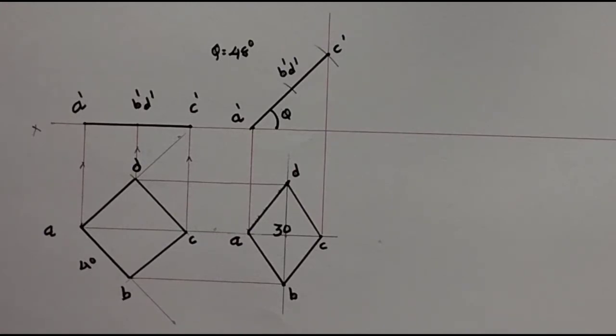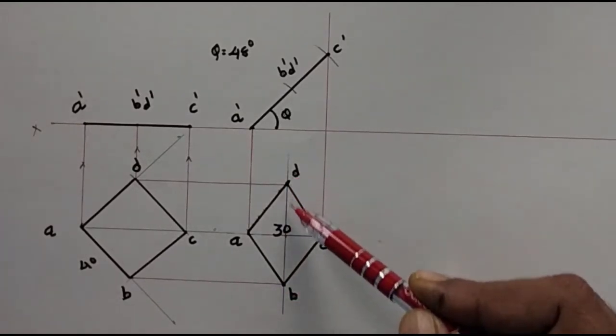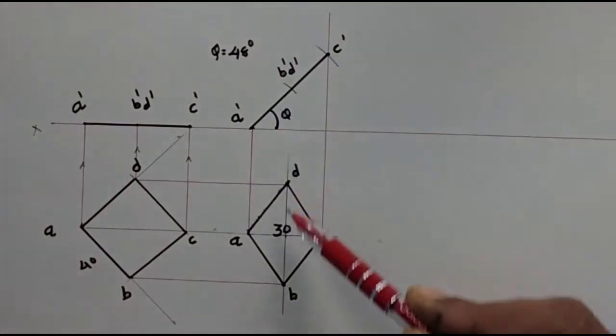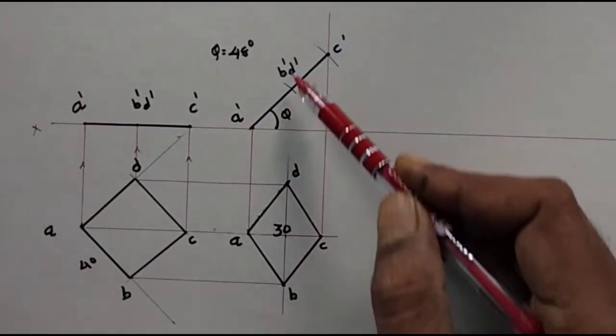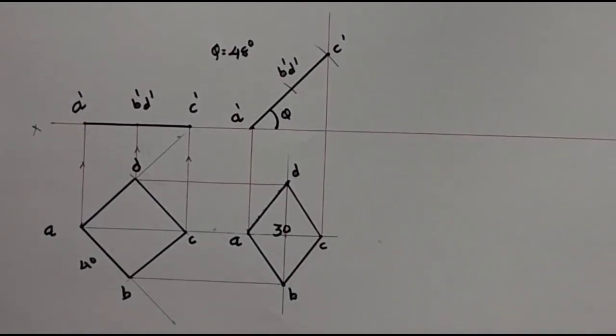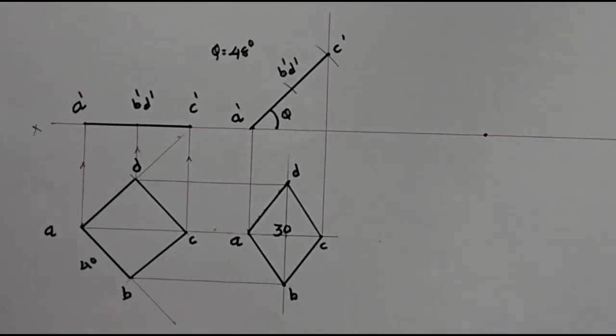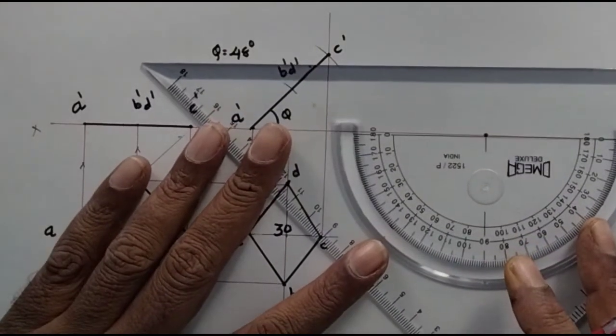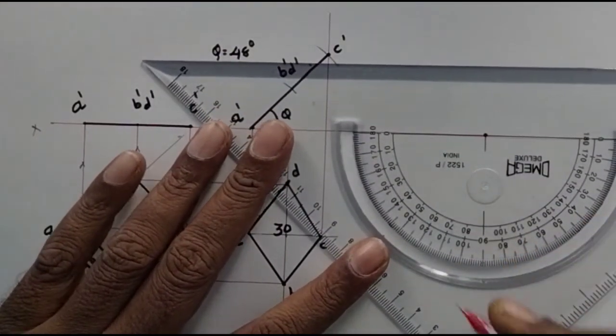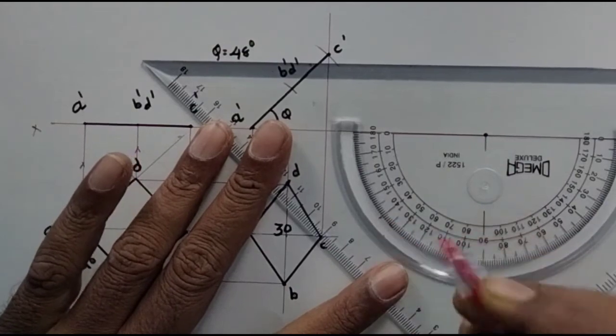Now the third stage of the problem says the diagonal BD, which is perpendicular to VP, is inclined to VP at 40 degree. So for that, I choose the reference point. From this reference, we draw the 40 degree inclination line.